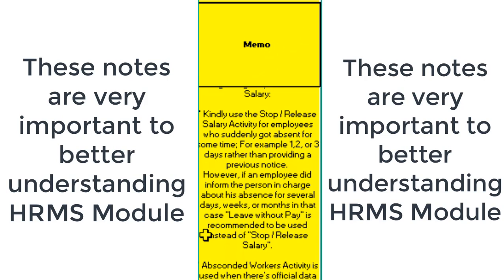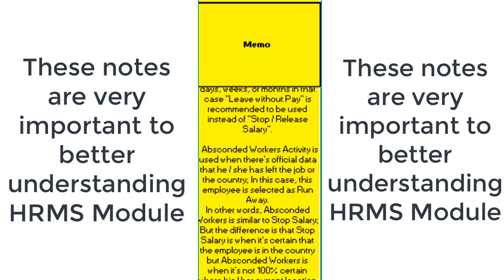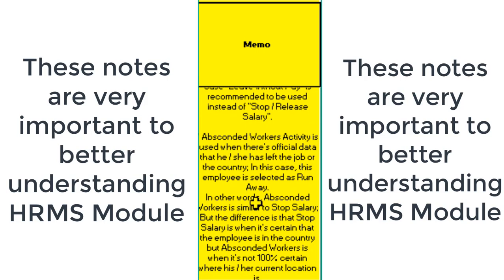But for example, if an employee is absent for weeks, months, or more than that, then leave without pay is more recommended to be used rather than stop or release the salary. And finally here we have the absconded workers activity, which is used when there is official data that the employee has left the country entirely because they ran away basically. So that's why it's used.